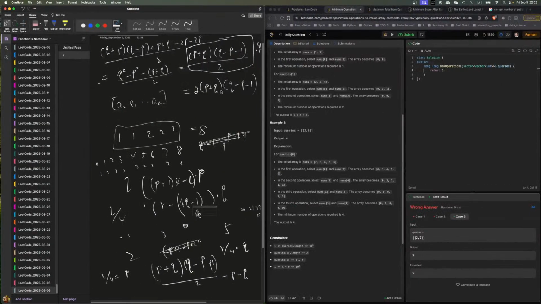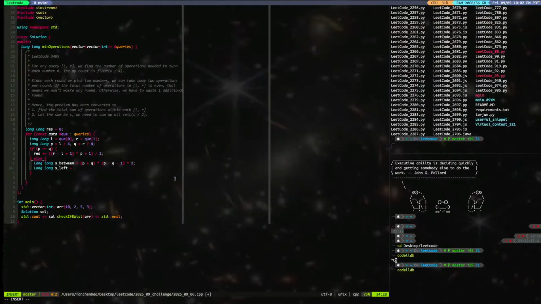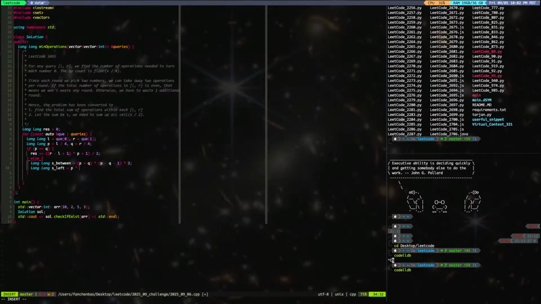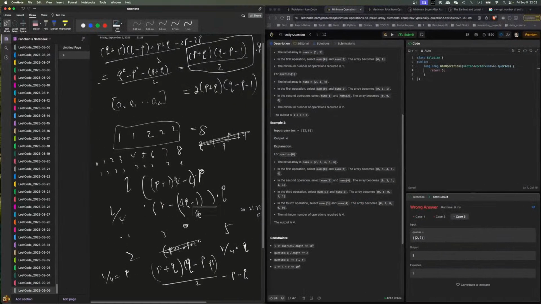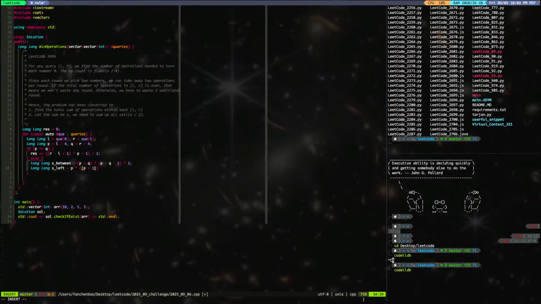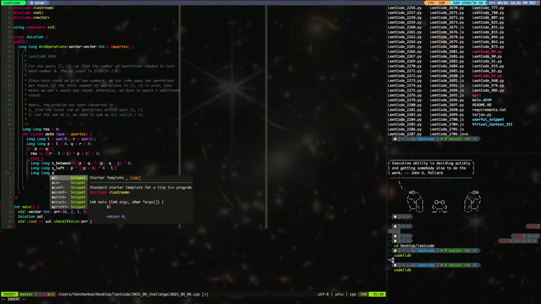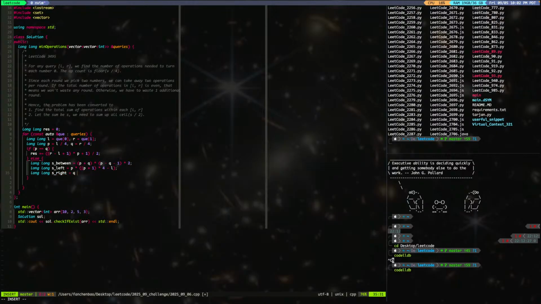So s on the left, we'll use this formula, which is p times p plus 1 times 4, which is the next one, minus left. And then s right, it's going to be q times q times 4 minus 1.